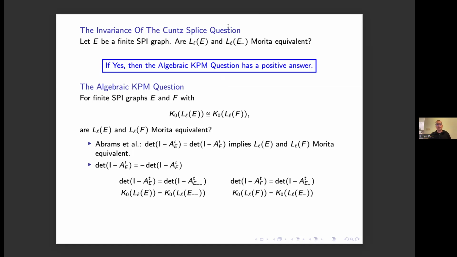And where we use the invariance of the Cuntz-Splice question is in the middle, to relate the Cuntz-Splice of E with the double Cuntz-Splice of E.